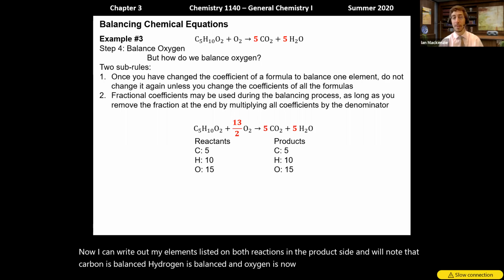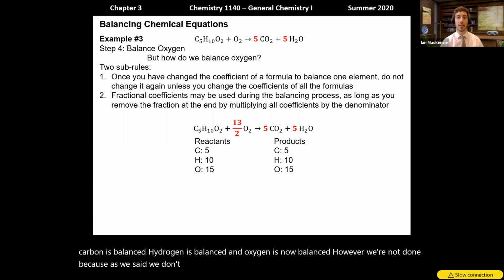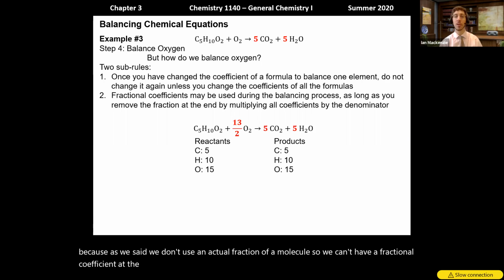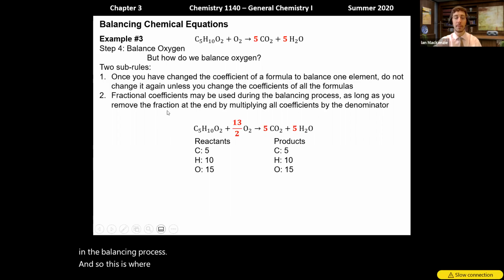However, we're not done, because as we said, we don't use an actual fraction of a molecule. So we can't have a fractional coefficient at the very end. We need to remove that fraction. We use it only to help us in the balancing process. And so this is where that last part comes in. We remove that fraction by multiplying all of the coefficients by whatever the denominator is.